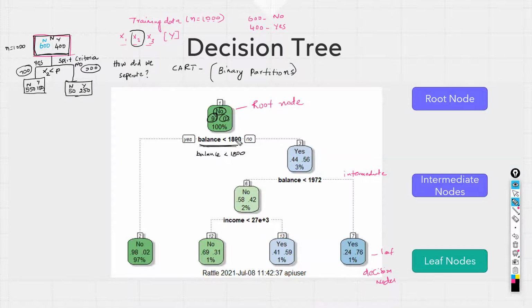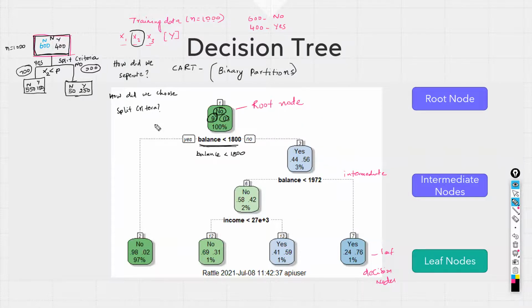Now, the next question that we would naturally get is, how did we choose the split criteria? Why only x2 less than p? Why not x1 less than k? Why not x3 less than some m? There can be n number of possible split conditions.